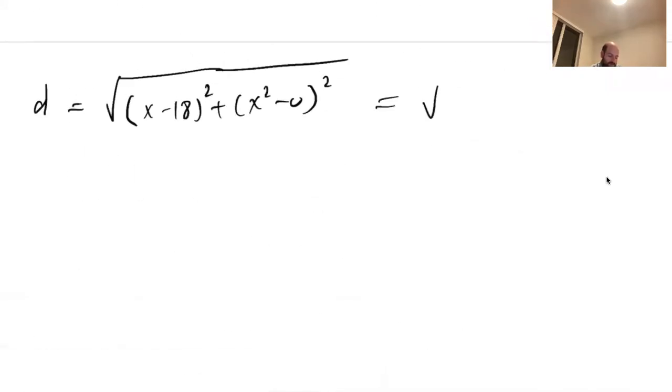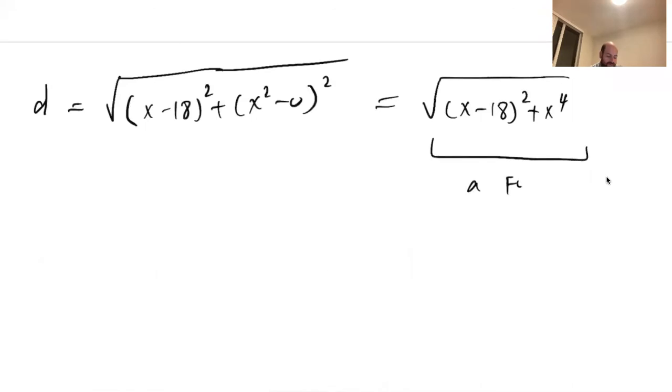So then this is square root of x minus 18 the whole squared plus x to power 4. So we want to determine x. So this is already a function of one variable only. That's good. So this is a function of x. And now we have to find x that minimizes this expression.